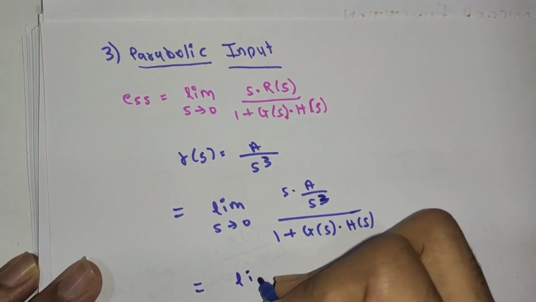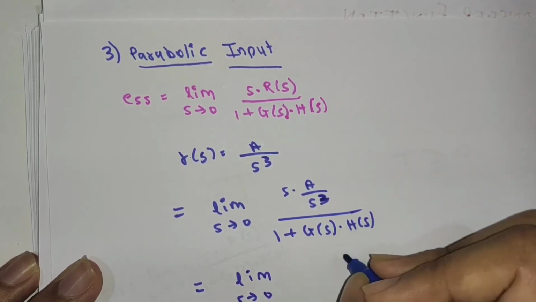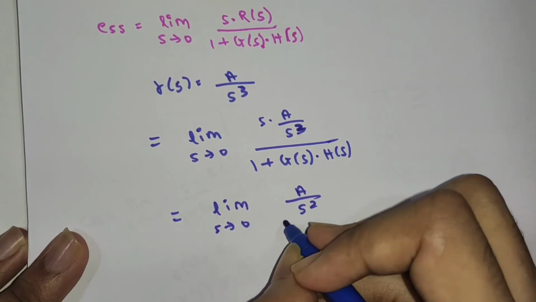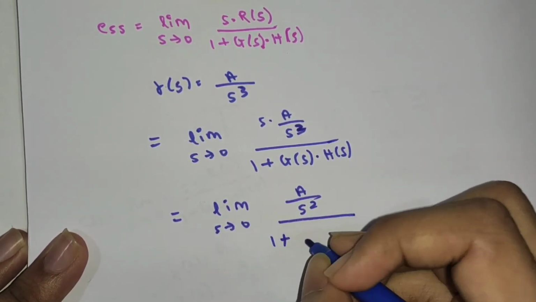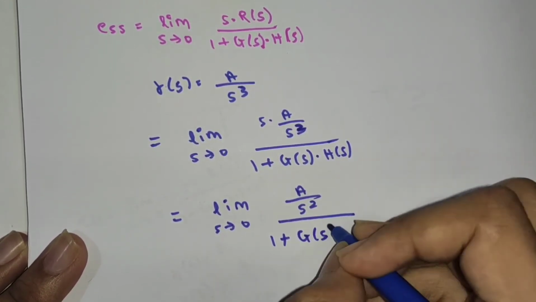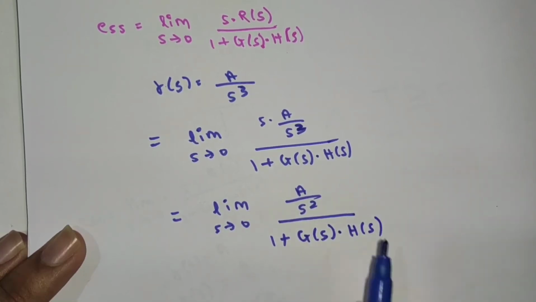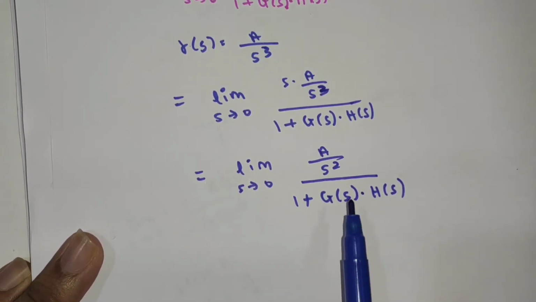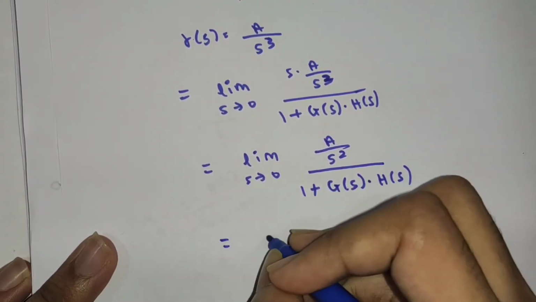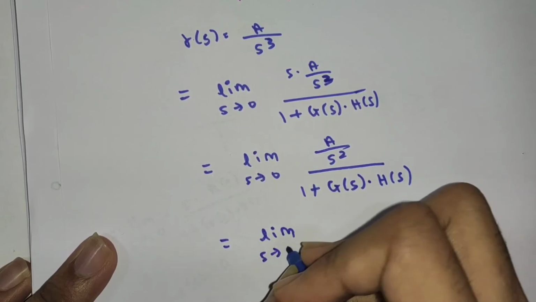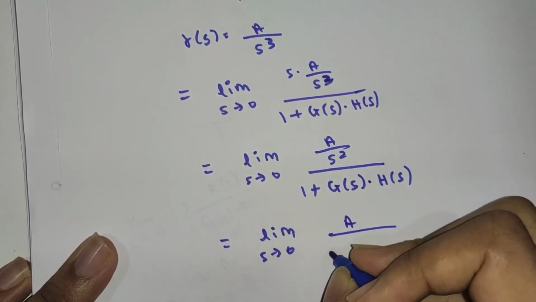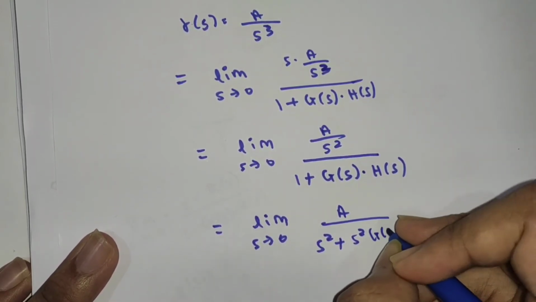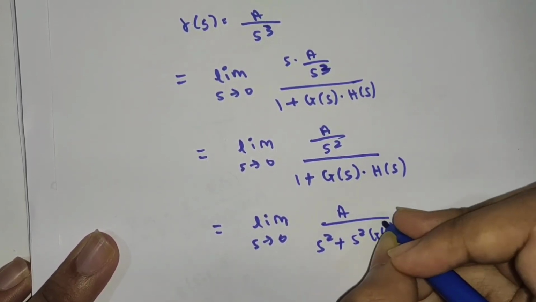So it will be limit S tends to 0 A upon S square divided by 1 plus G(S) into H(S). And now this S square will be going down, that means it will be multiplied by the terms of the denominator. So it will be limit S tends to 0 A upon S square plus S square G(S) into H(S).